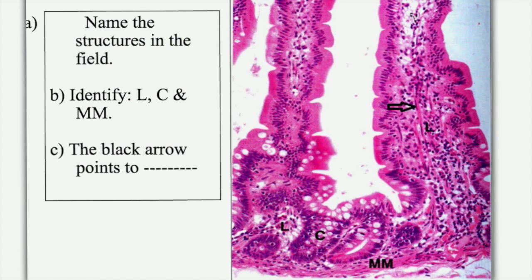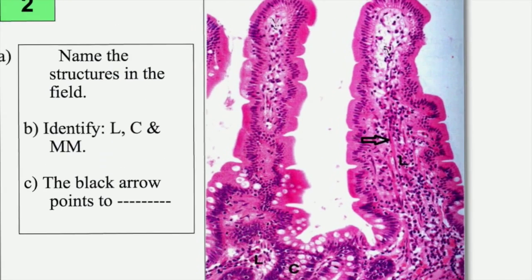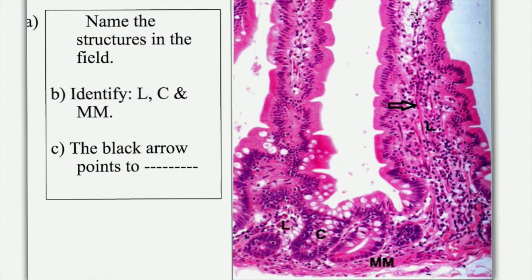Name the structures in the field. In the field of view, we have the villi, and also we have crypts. Number two, identify L, C, and MM. L is the connective tissue of the lamina propria.